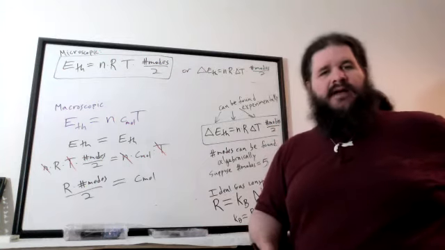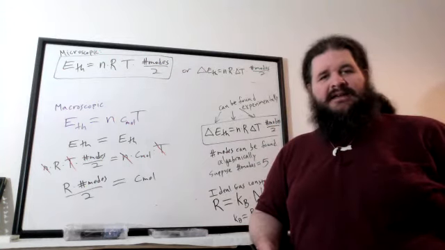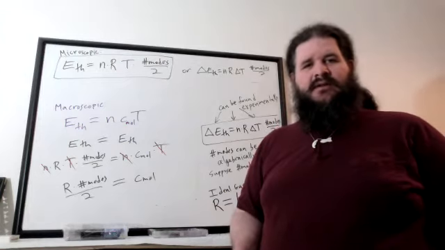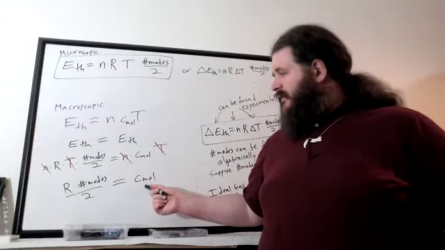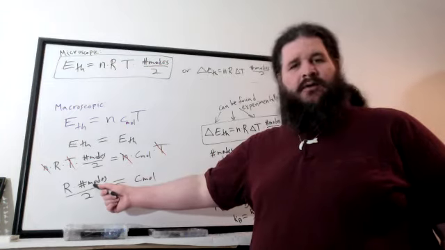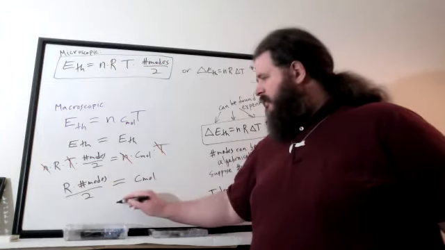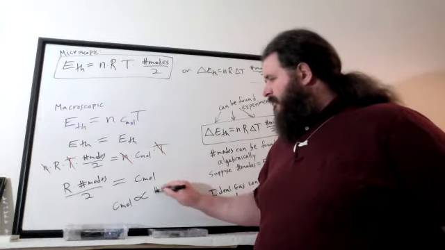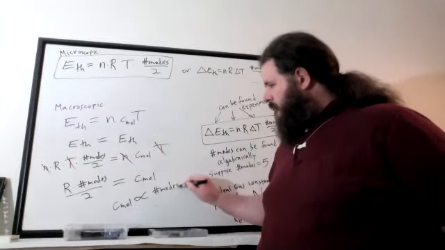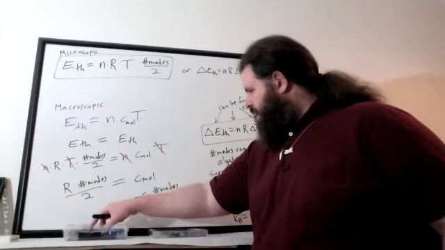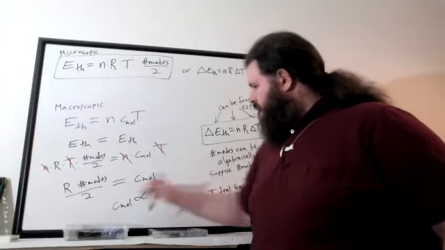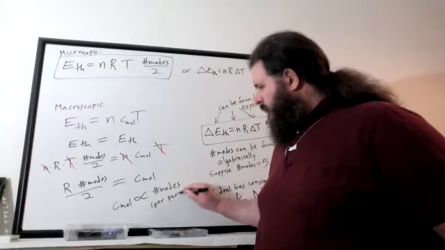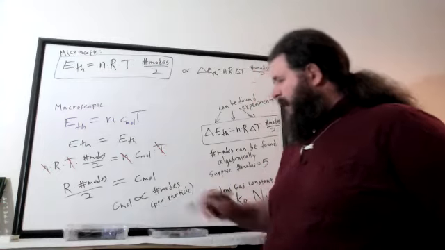So we now have a formula for molar specific heat that explains why different substances have different specific heats. The only thing that determines molar specific heat is the number of modes per molecule, since R and 2 are constants. So molar specific heat is proportional to number of modes per molecule, or per particle, since they might be molecules or atoms.